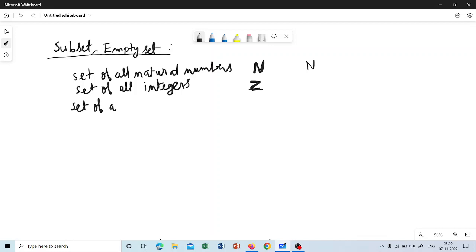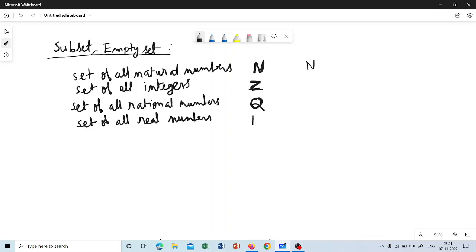The set of all rational numbers, I can represent it by Q. It is commonly represented as Q. Again a bold Q. And the set of all real numbers is represented by R. So these are all sets.